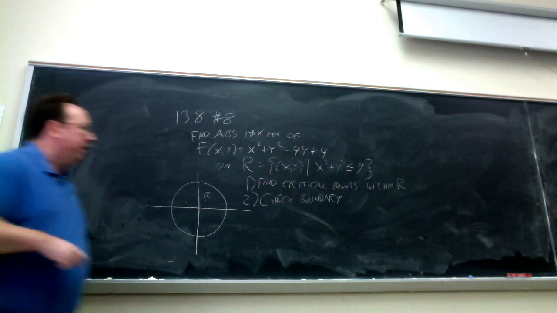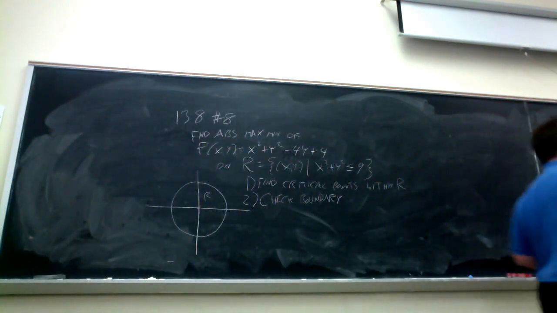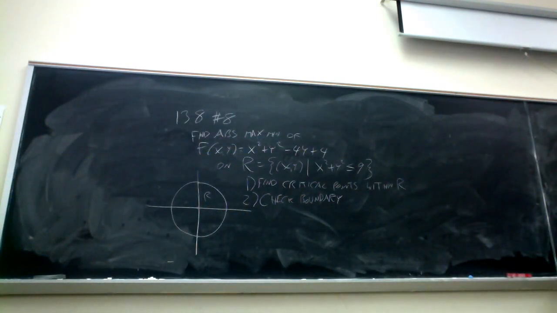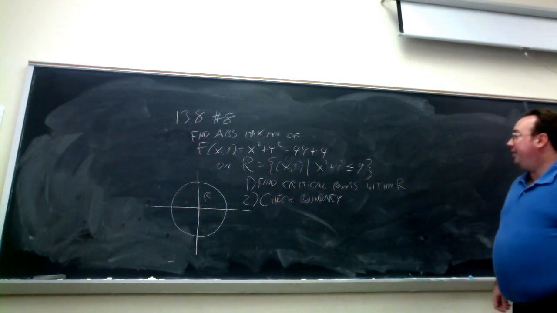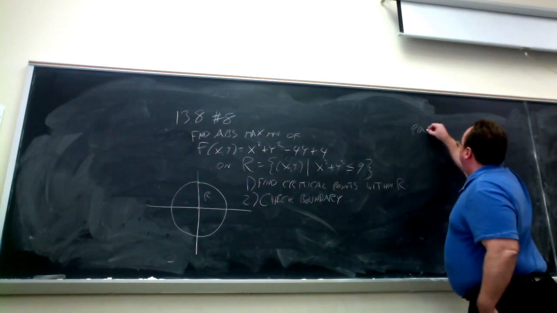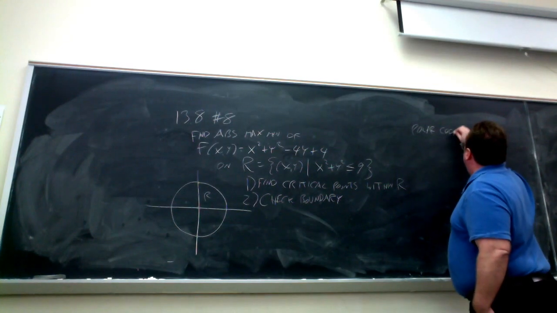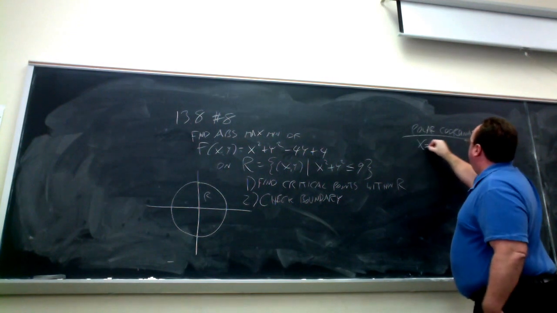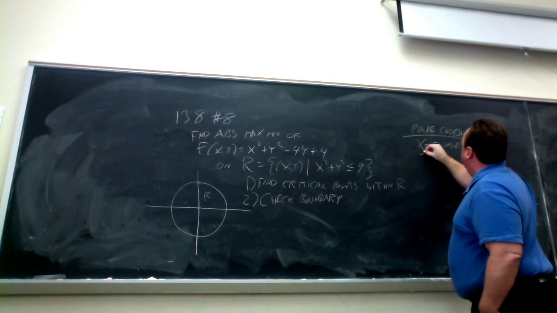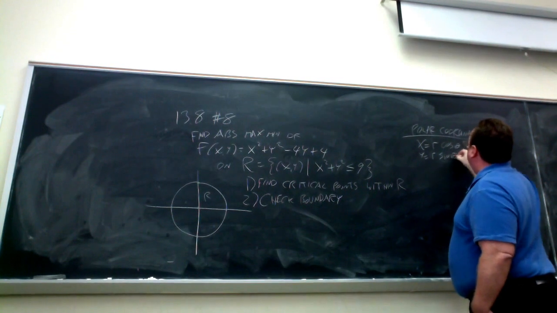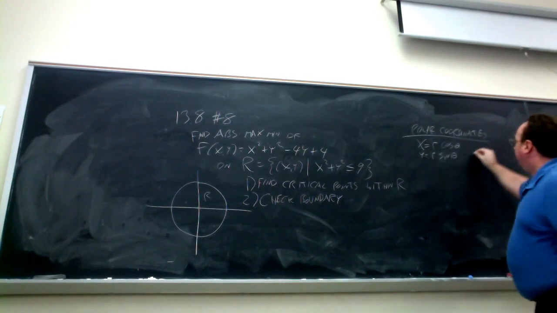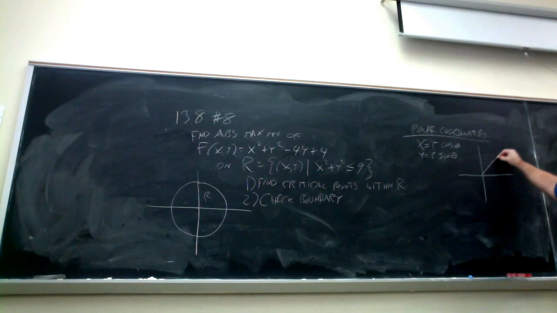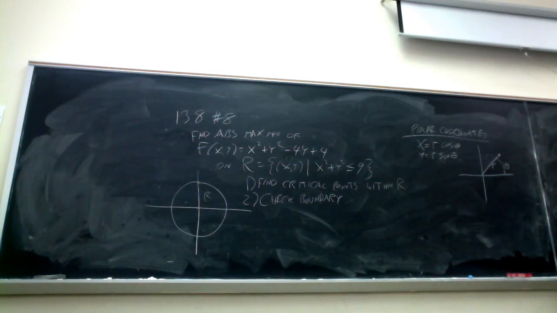I can go ahead and show you polar coordinates, because we're going to be dealing with polar coordinates a lot during the remainder of the semester anyway. You saw these in Cal 3, and in case you've forgotten, x is r cosine theta, y is r sine theta, because r is your distance from the origin, and theta is the angle that the point makes with the positive x-axis.